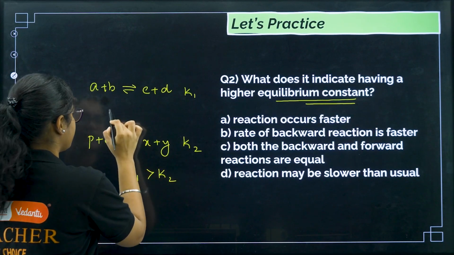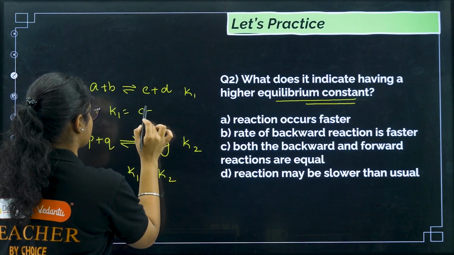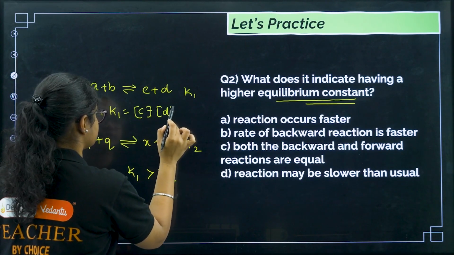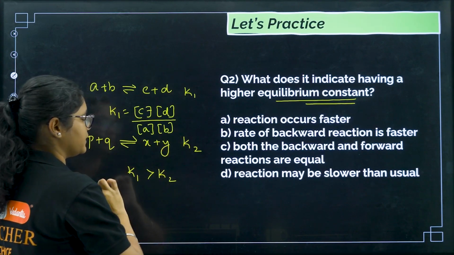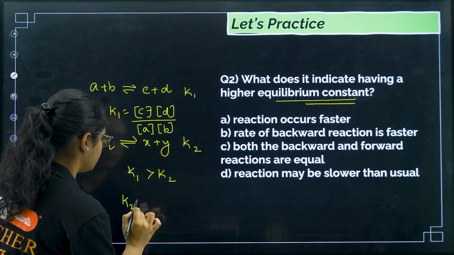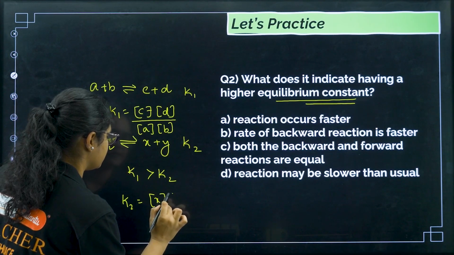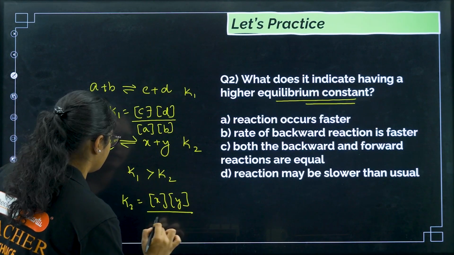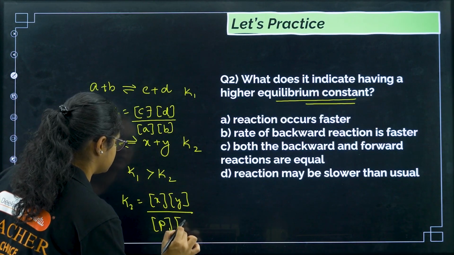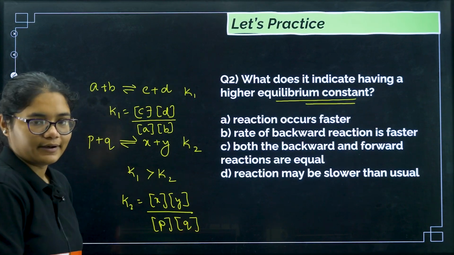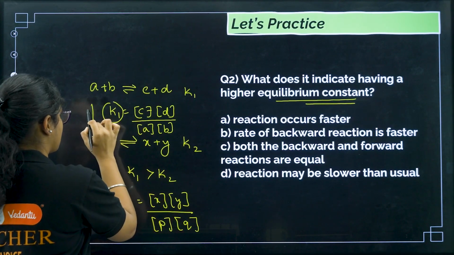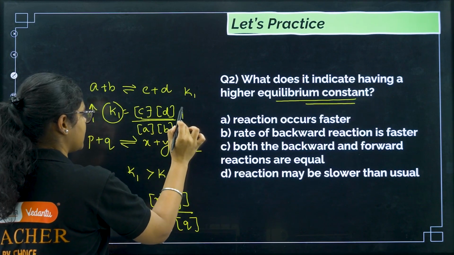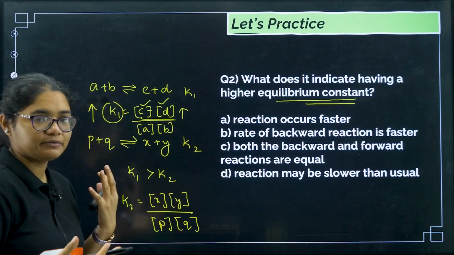Now see, what will be the expression for K1? K1 is the concentration of C into the concentration of D divided by the concentration of A into the concentration of B. K2 will be the concentration of X and concentration of Y divided by the concentration of P and concentration of Q. If the K1 value is high, the numerator is high, so C and D concentrations will be very high.